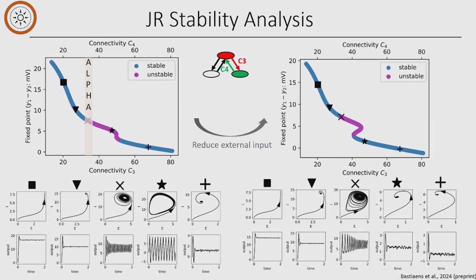Another way of summarizing this is that a lot of the dynamic stuff that we had already in the first two lectures carries over a lot to Jansen-Rit.